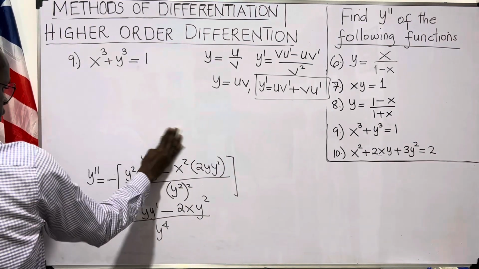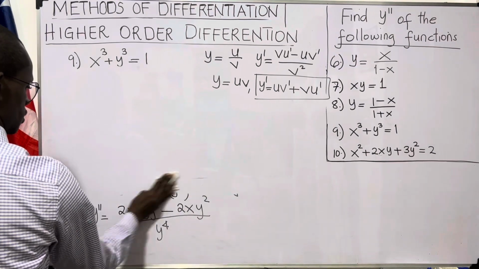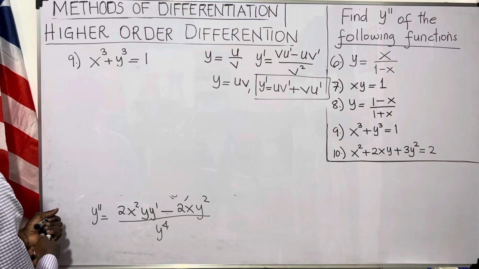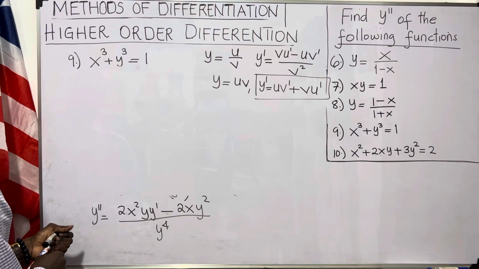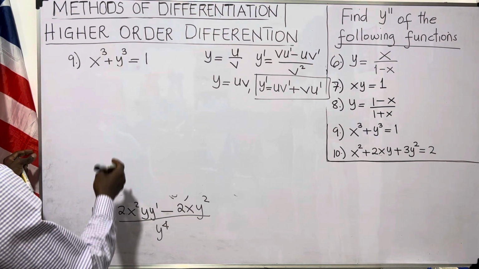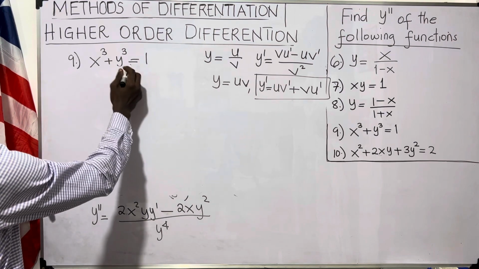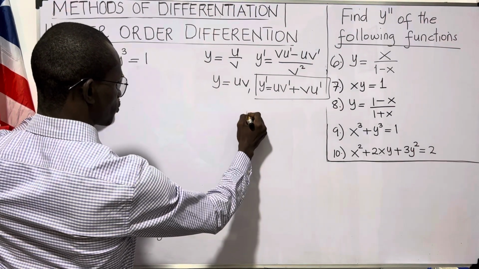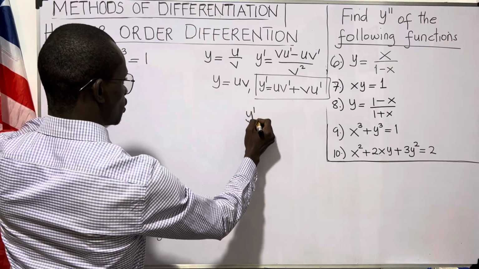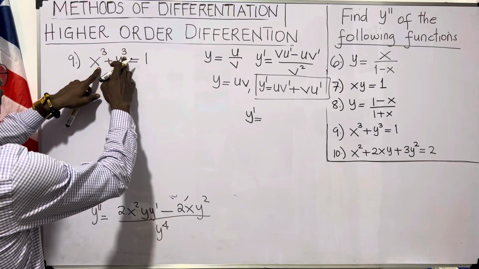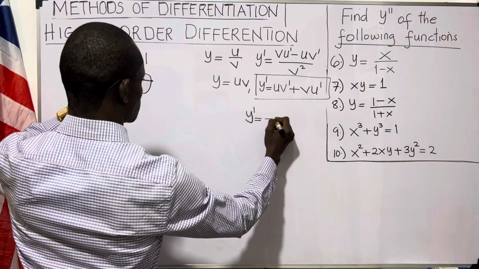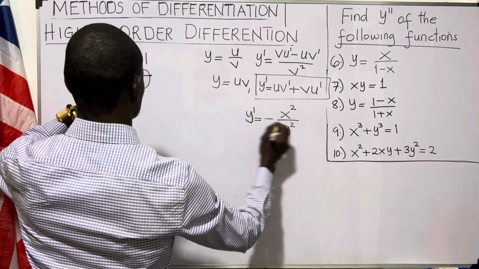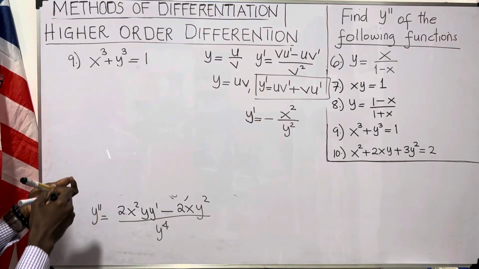So we know that y prime, we solved for y prime initially. Okay, y prime was, sorry, we didn't put the y prime value on one side. So y prime was just equal to, we differentiated this, and then when I cross, it becomes minus x squared all over y squared. So this was y prime.